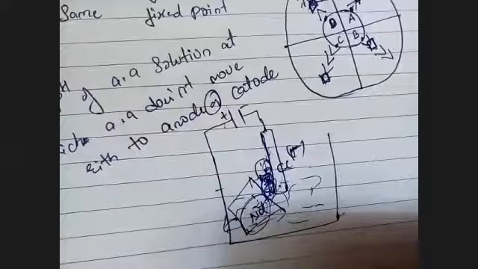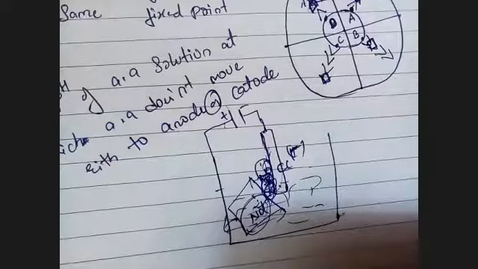Are you getting my point? You can try one more example: hold two magnets of the opposite side. It will repel, it doesn't allow you to attach, and it doesn't allow you to move further. So it doesn't have the capacity to move towards the anode or the cathode.